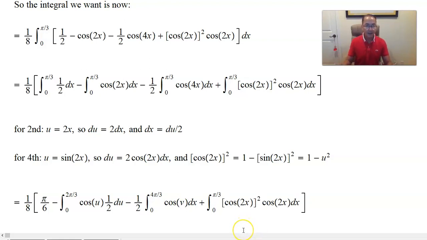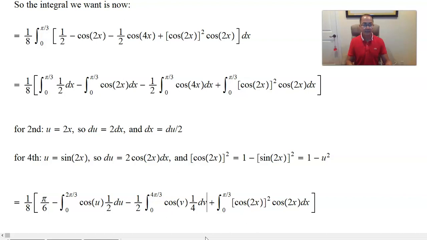And then for the last one, dx is 1/4 dv. Okay, well, silly me, I used the same letter here, but that's okay, you're smart people.